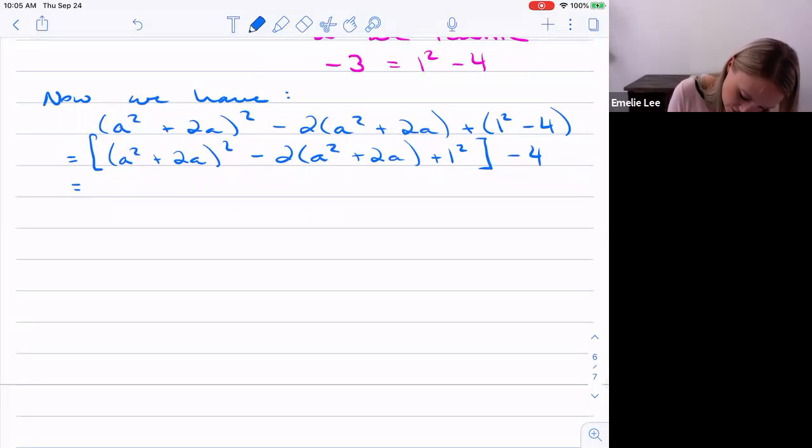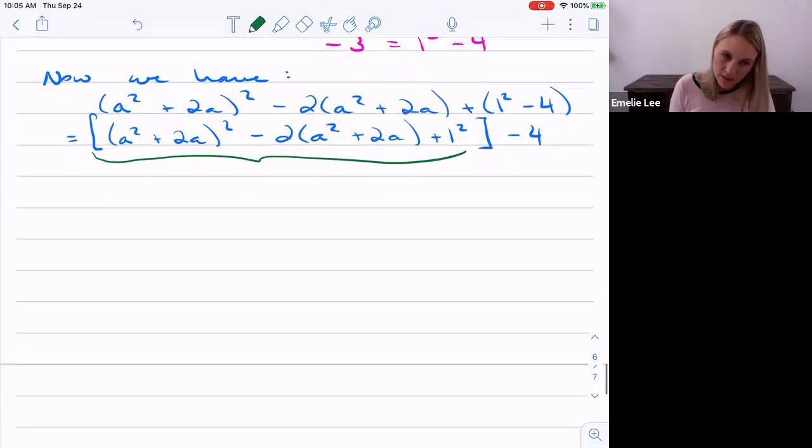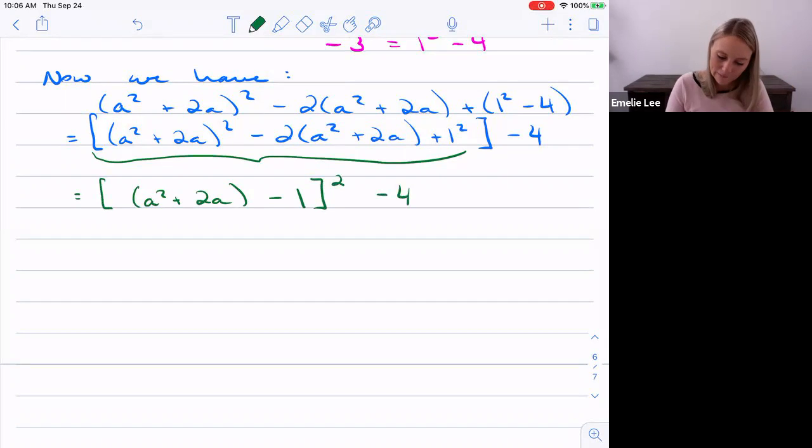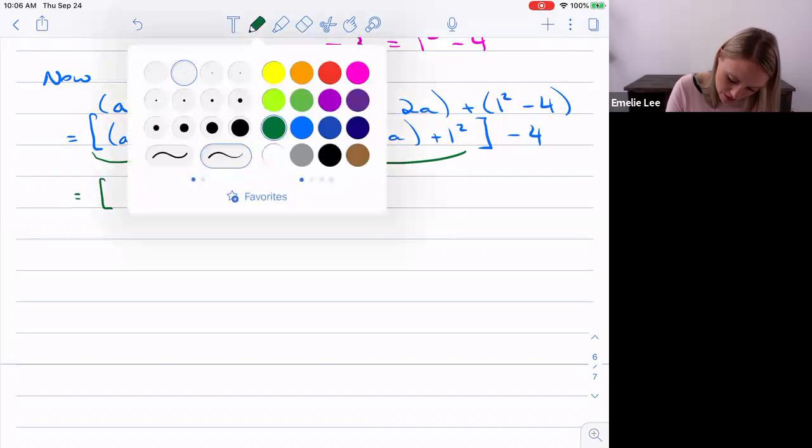So this we can rewrite as a minus b squared, where a is the a squared plus 2a and b is just 1. So this becomes a squared plus 2a minus b, which is 1, squared, and then minus 4.